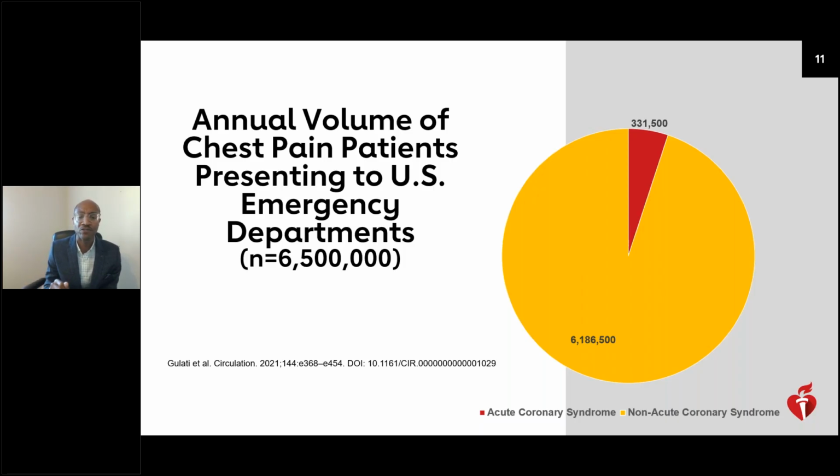This pie graph simply shows what Ms. Janin was showing previously, where there are tons of visits out there, but only 5% of those patients are presenting with acute coronary syndrome. But we care about those patients specifically because of the increased morbidity and mortality that's associated with acute coronary syndrome.